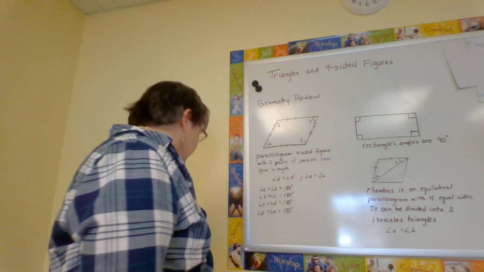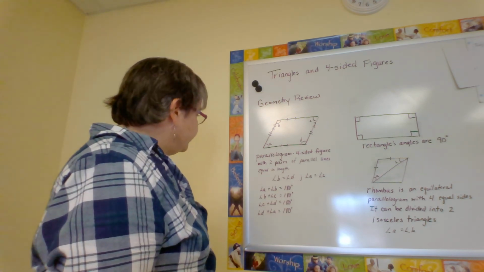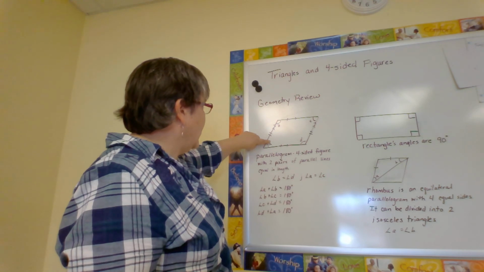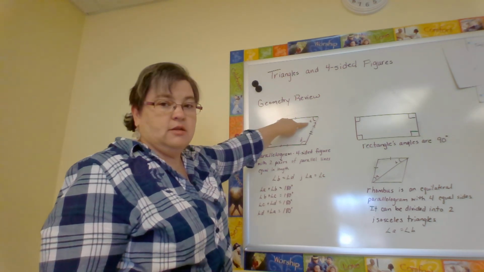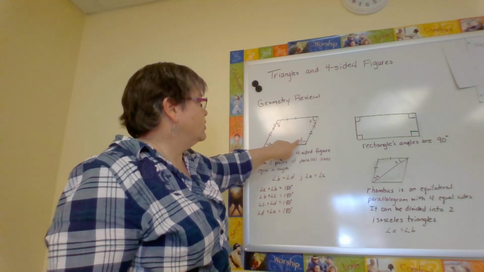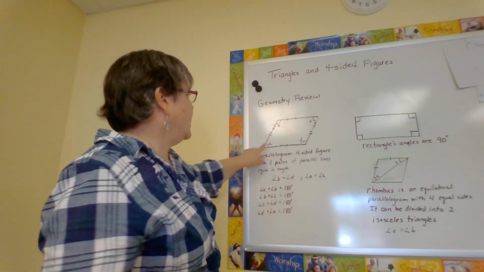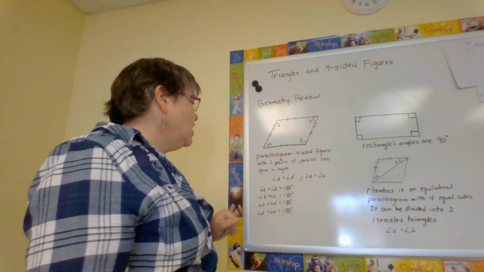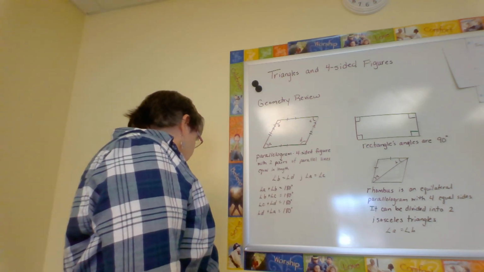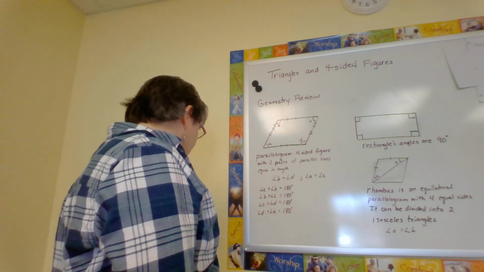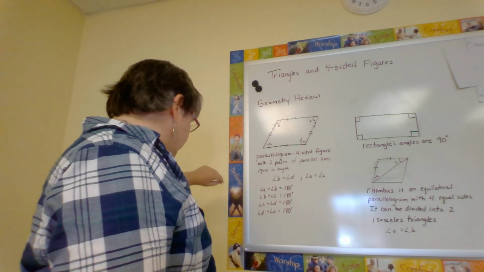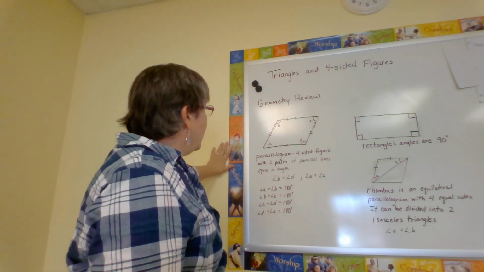In a parallelogram, the opposite angles are equal. So that means angle A and angle C are equal, and angle D and angle B are equal. A parallelogram also has the sum of each pair of angles between the parallel lines equal to 180.